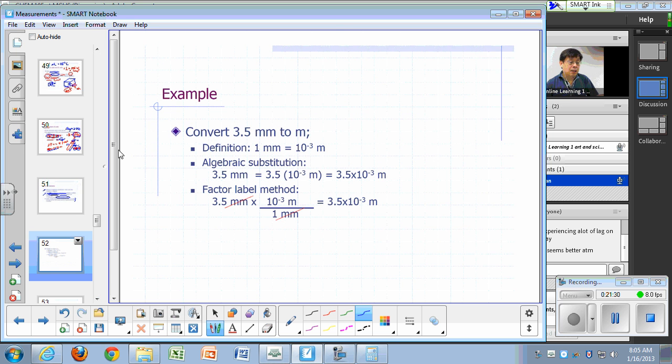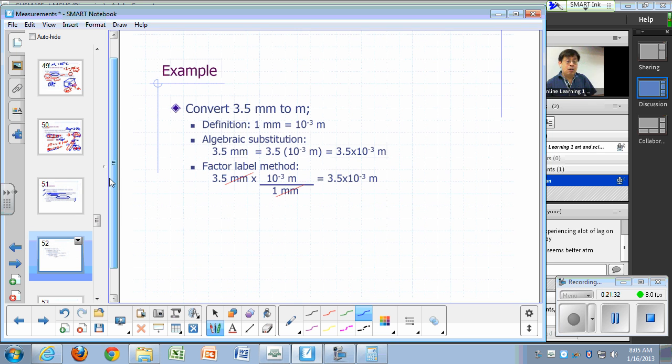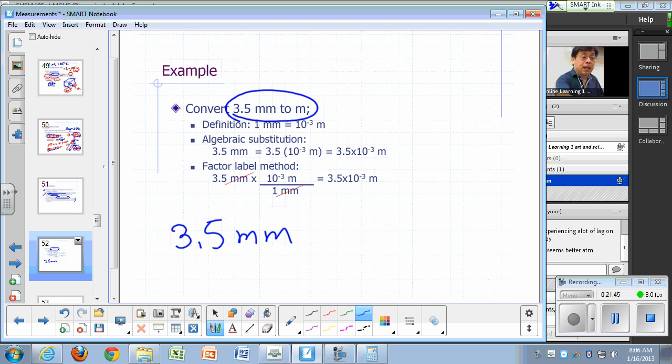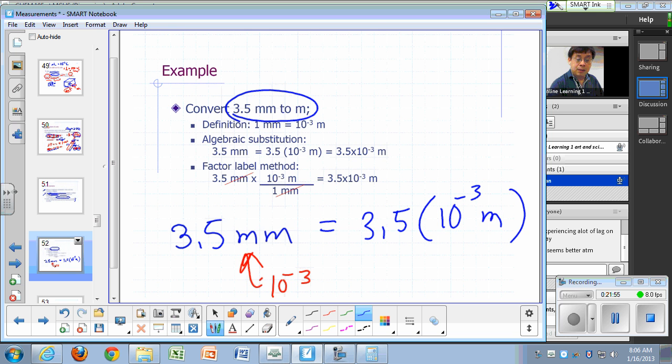So let's look at a couple of examples. Let's say you wanted to convert 3.5 millimeters to meters. Here's a method you can use, algebraic substitution. All you have to do is this: 3.5 millimeters. What does milli mean? Milli means 10 to the negative third, right? So you can just say that's 3.5 times 10 to the negative third meters.